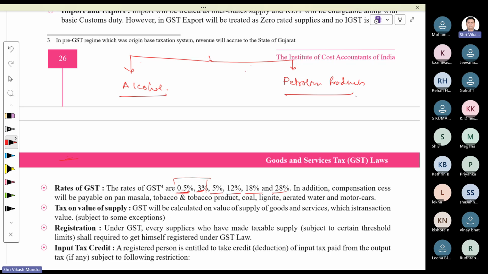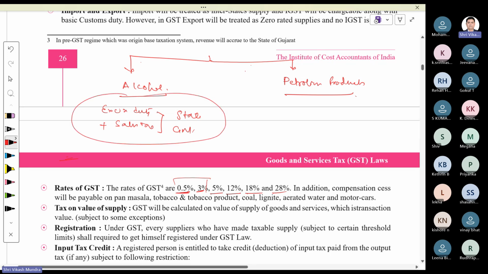The existing system, like excise duty as well as sales tax, are supposed to be collected by the respective state government. That means state governments are required to levy excise duty, that is a tax on manufacturing, as well as tax on sale of alcohol. That means on the sale of alcohol, GST is not applicable. The existing system, that is, the state government is entitled to levy excise duty as well as sales tax. That mechanism is still there.